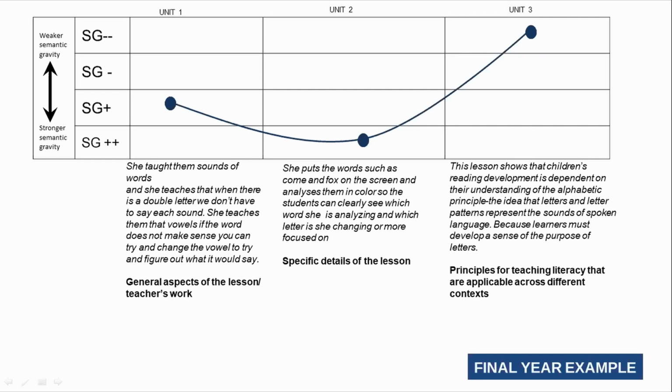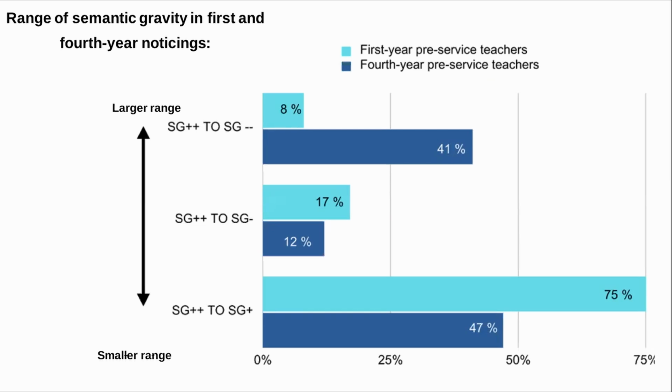And I'm going to show you the percentages now. If we look at the percentage of first and fourth year students who were able to enact a larger range of semantic gravity: 41% of students in their final year were able to enact a wider range of semantic gravity, and 47% of final years were stuck, couldn't get to weaker semantic gravity.